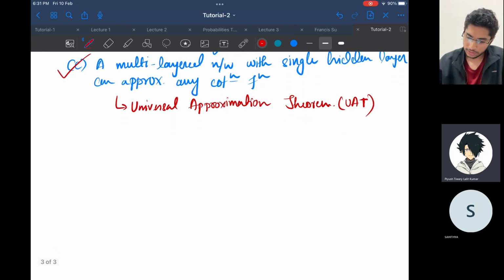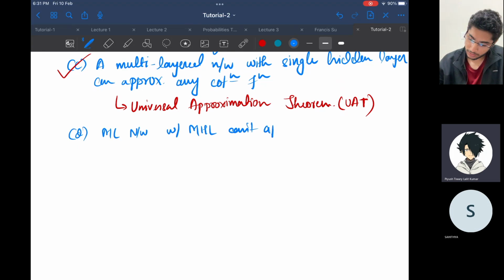There is another fourth statement which says multi-layered networks with multiple hidden layers can't approximate continuous functions.